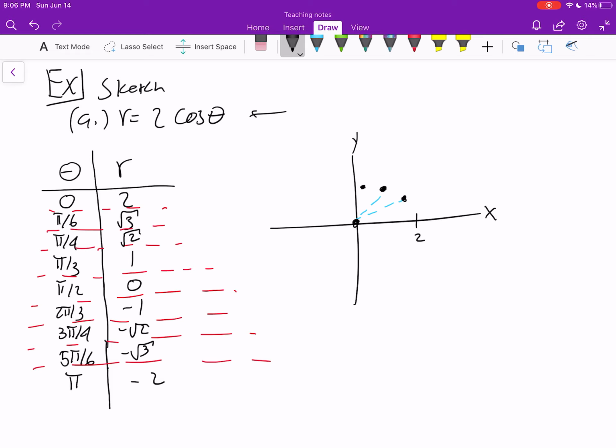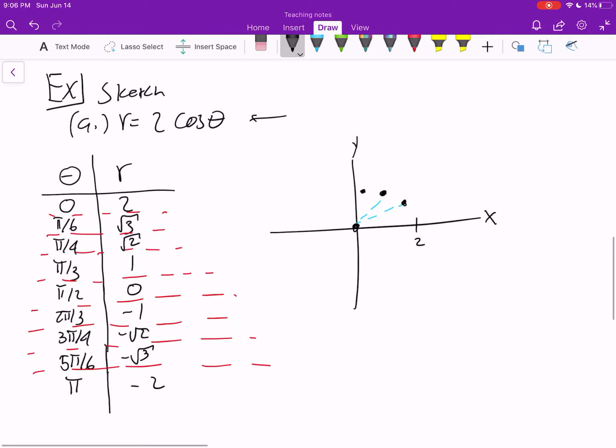Yeah, so this is gonna come out weird looking, but it's fine. So then 2 pi over 3, I'm at 1 here. Let me fix that last point up there because it's gonna make it look weird if I don't. Let me fix all these points because it's not gonna get the shape I want.